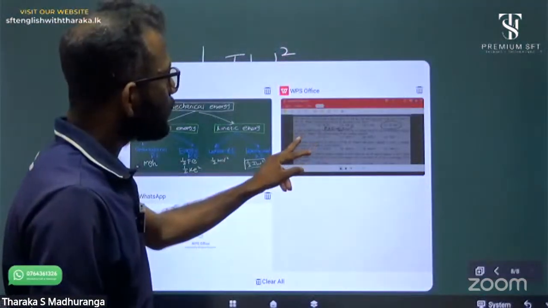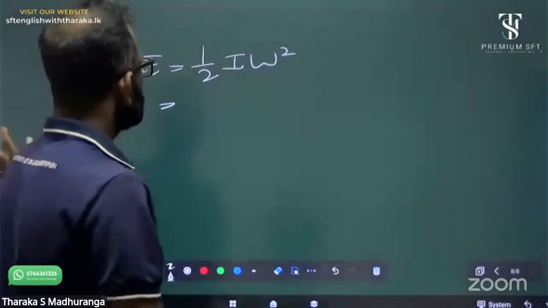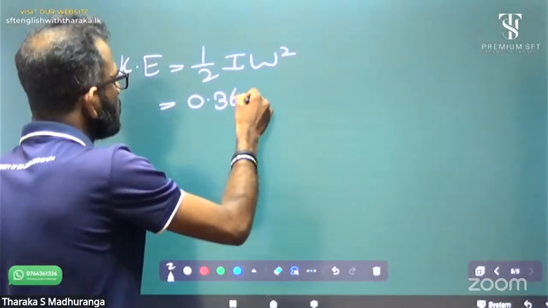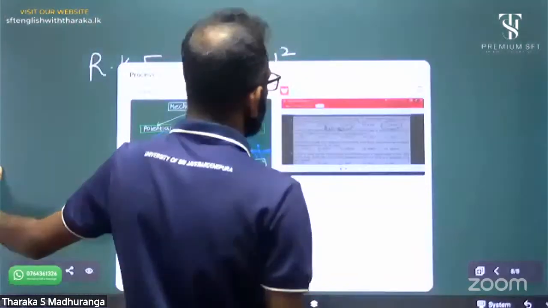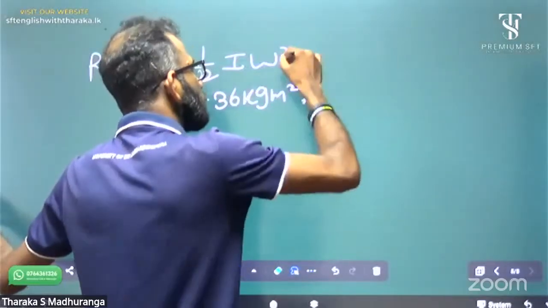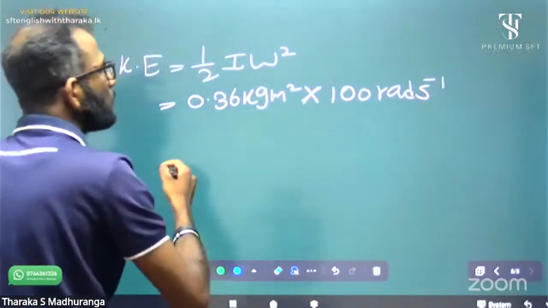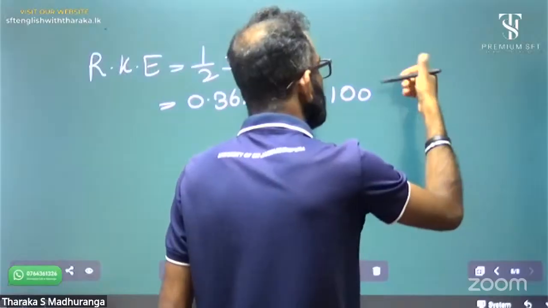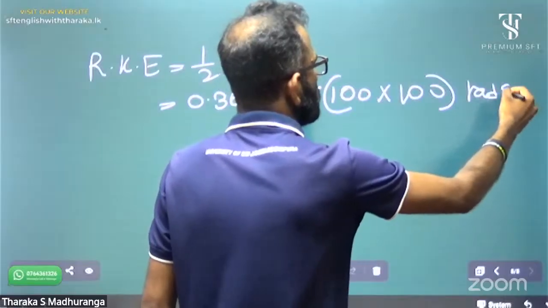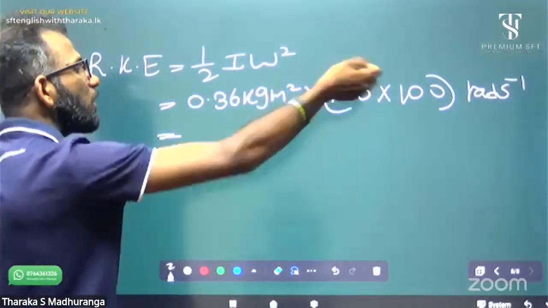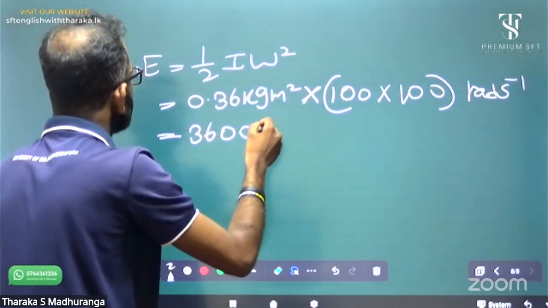The moment of inertia, 0.36 kg m², into the angular velocity omega, 100 rad s⁻¹, squared. 100 squared means 100 into 100, which is 10,000. 0.36 times 10,000 is 3,600.